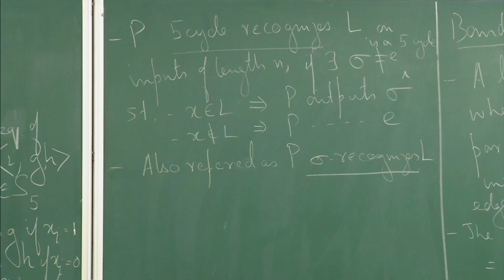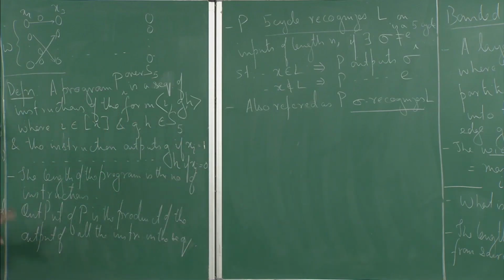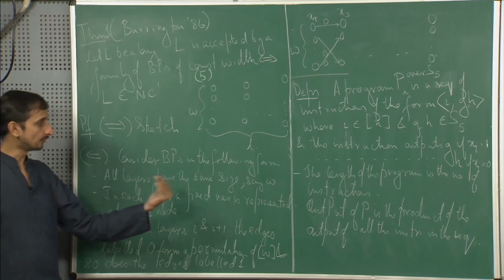Okay. So now how is this notion equivalent to the earlier notion? How can I go from here to here?